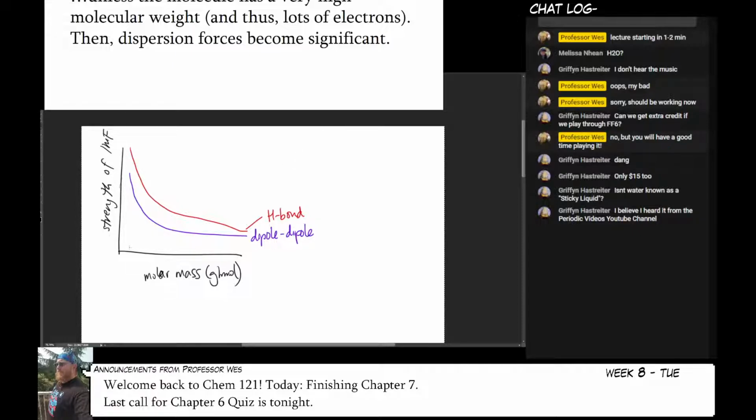Dispersion kind of does the opposite. It starts off real weak, and then it gets significant as molar mass increases. So we're going to call this region low molar mass, and this region high molar mass. We're not going to care about the middle part in here where everything is kind of the same.